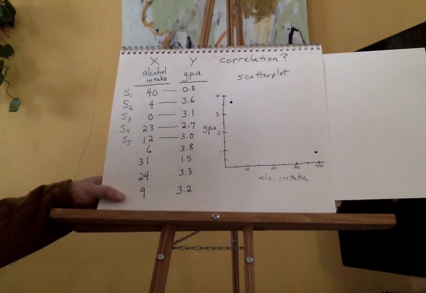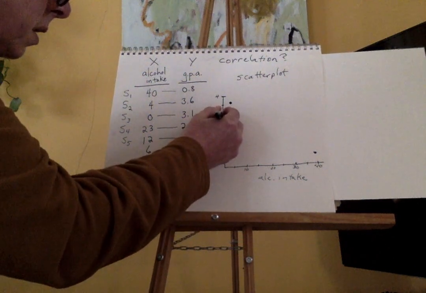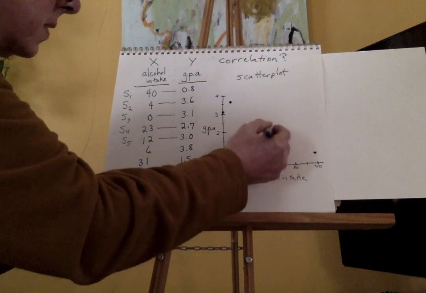All right? And we'll put the rest in, 0 and 3.1, okay, and 23 and 2.7.